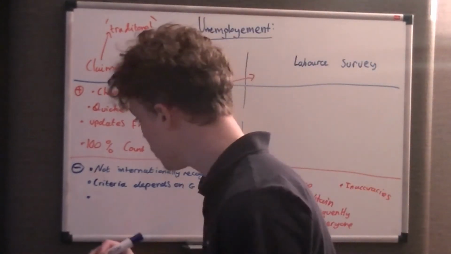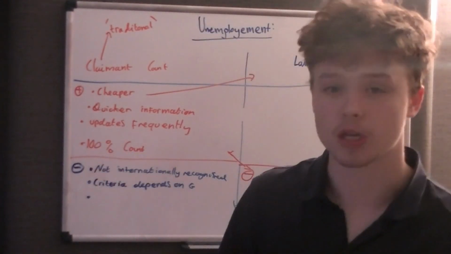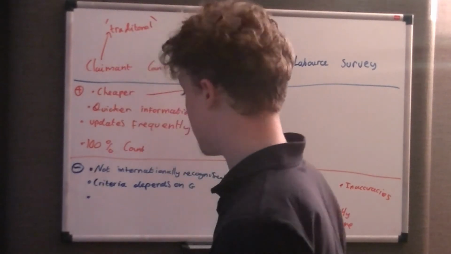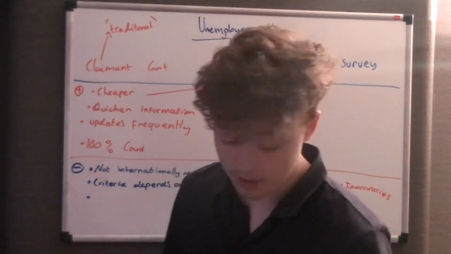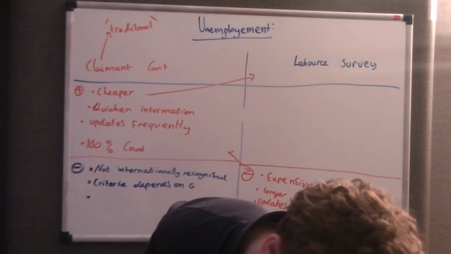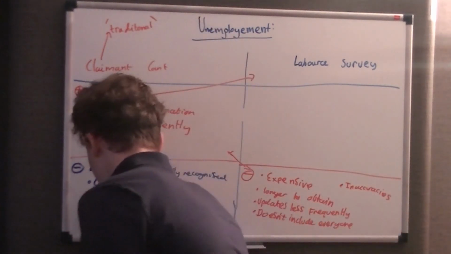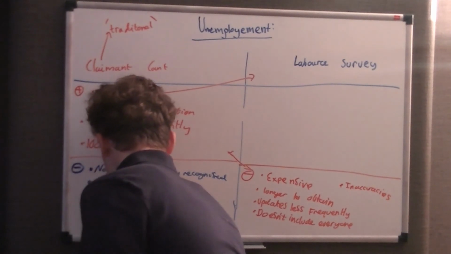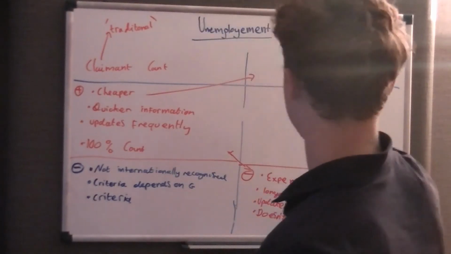So we can't compare the claimant count unemployment level from last year to 60 years ago. It's probably changed by then. So we can't compare it to previous years. So criteria changes, and by this I mean, as I said, you can't compare it to previous years, which you could do with a labour force survey.